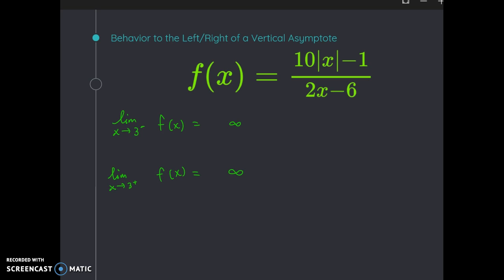We just don't know whether it's going to be positive or negative infinity. So what I really care about when I look for these limits is just the signs, because I just want to decide whether my answer would be positive or negative. I already know it's infinity. So I go to a number that's just a tiny bit smaller than 3, and I'm not actually even thinking of a number.